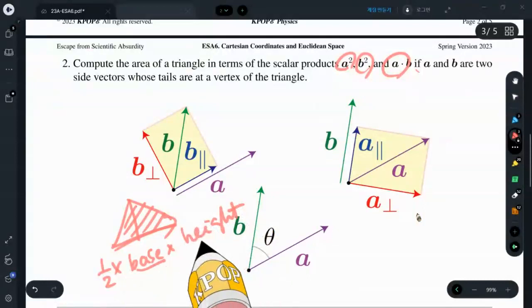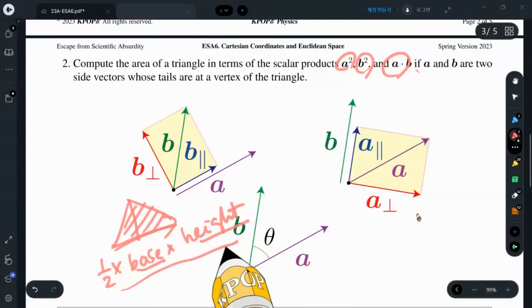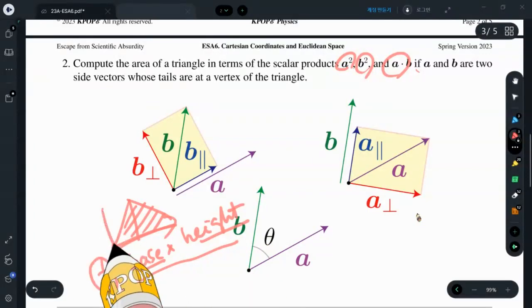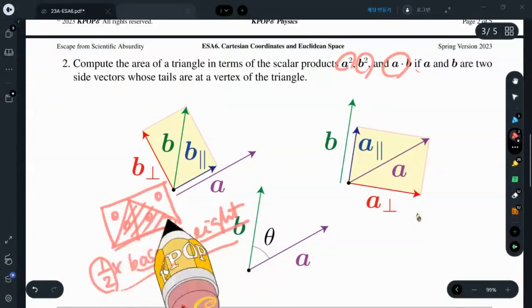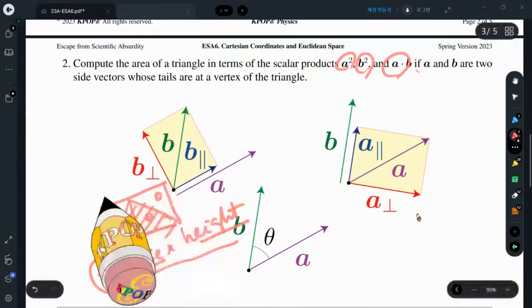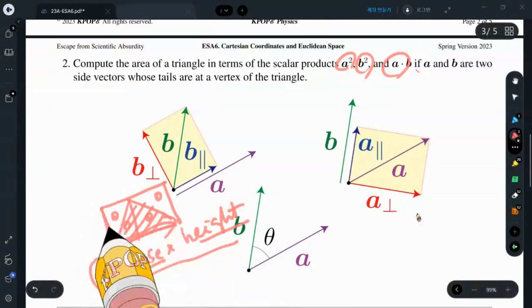Elementary school students know how to compute this. So we copy this formula. You double it to make a parallelogram and multiply by one half of base and height.